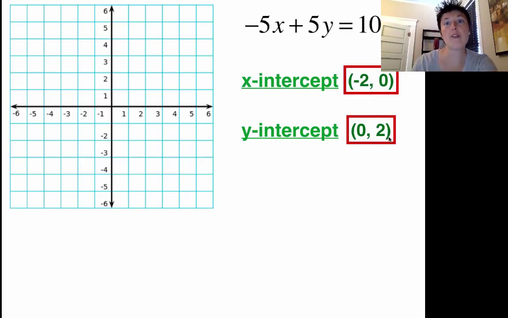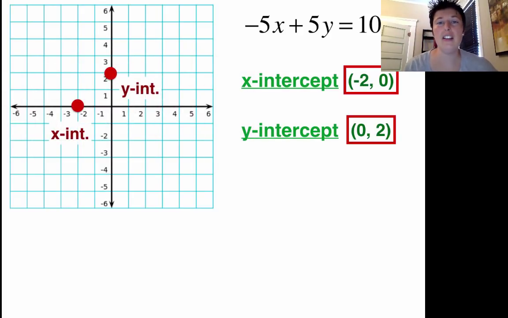So go to the graph and put those 2 points on there. (-2, 0) would be like right there. And (0, 2) would be like right there. I'll label it (0, 2). That's my x and that's my y intercept. With only those 2 points, I already know what the line looks like. It looks like this.